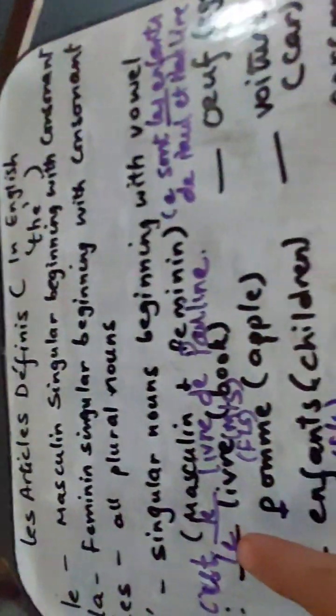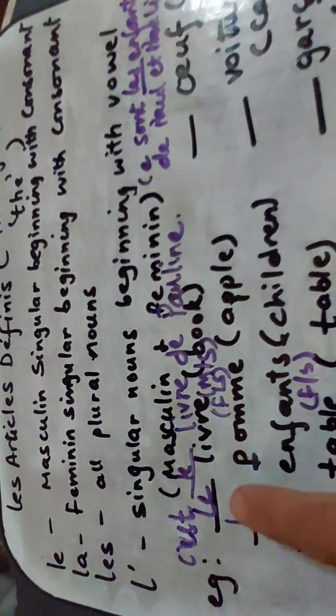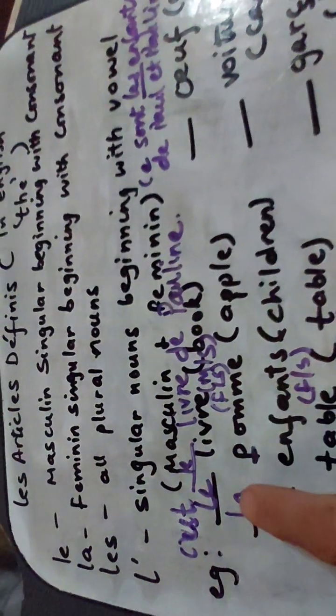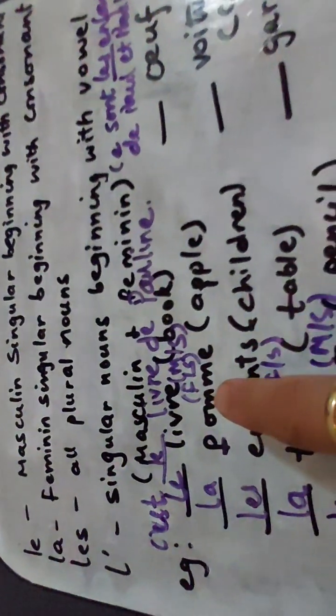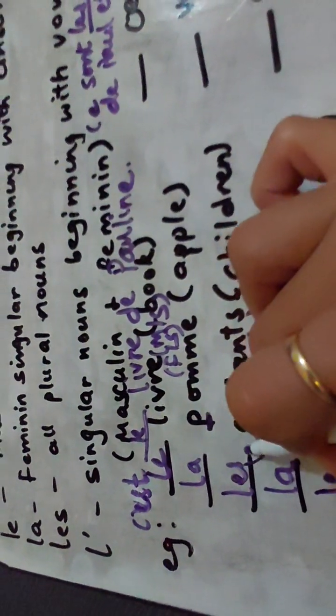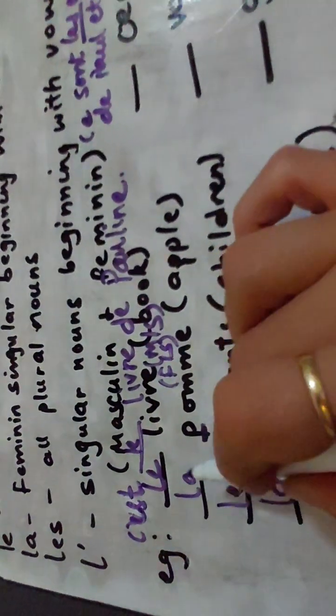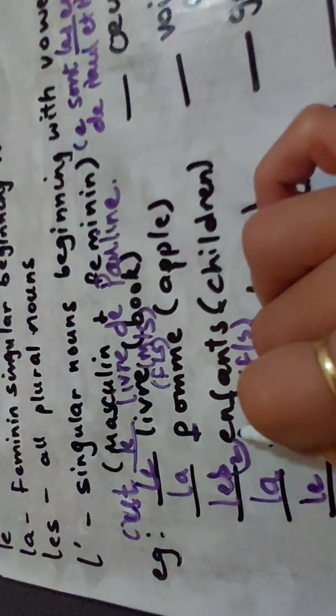Okay, let's say these words again along with the definite articles together. Le livre, la pomme, les enfants. Now there is a liaison here. We get the Z sound because the first word les is ending in S and the second word enfant is beginning with a vowel.